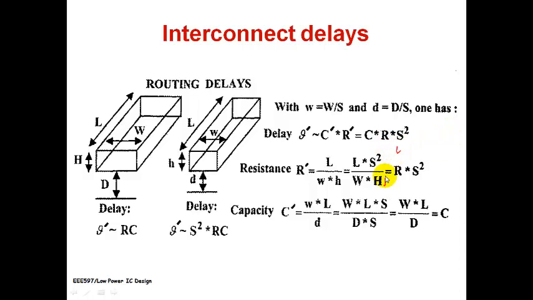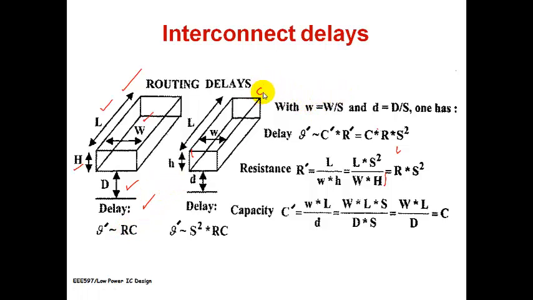What happens to the interconnect, we will see from this. This is the case before scaling. We have capital W as the width, the length of the wire, the height of the wire, and the distance, which determine the capacitance, and the delay in this case we will calculate.